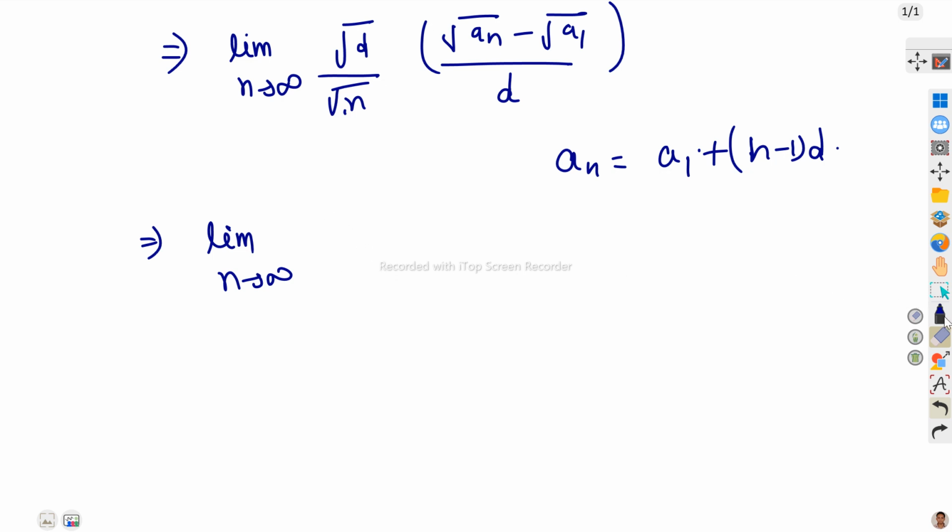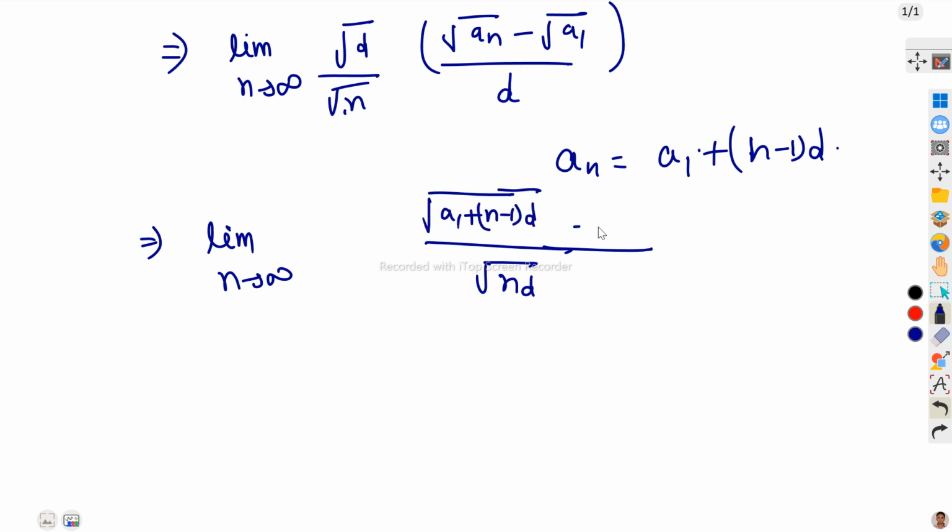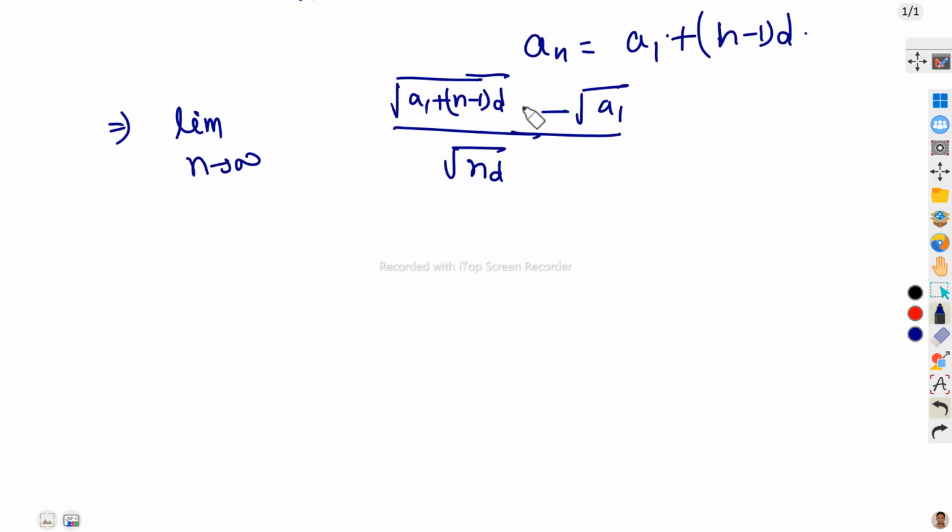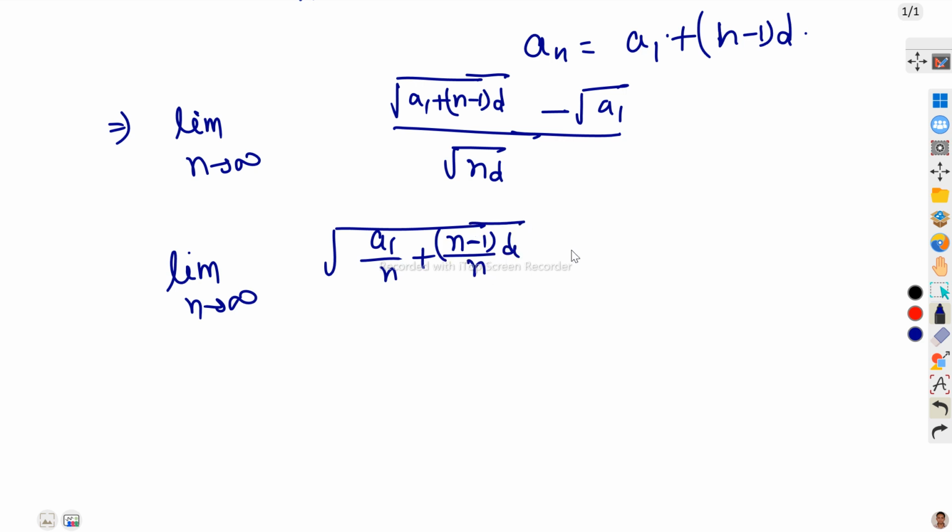Since d is positive, the square root of d is defined, so this gets cancelled and this becomes the square root of nd in the denominator, with square root of a1 plus n minus 1 into d, minus square root of a1. Now we can divide by this quantity, the square root of n. By dividing, a1 upon n plus n minus 1 upon n times d, minus square root of a1 upon n, all upon the square root of d.